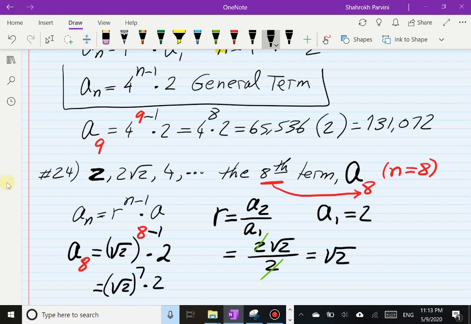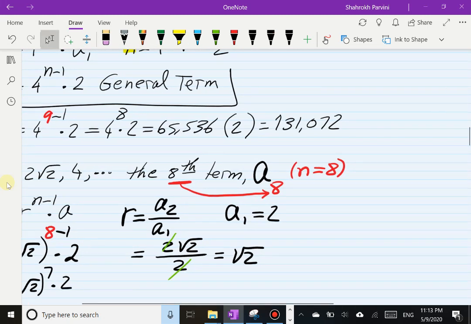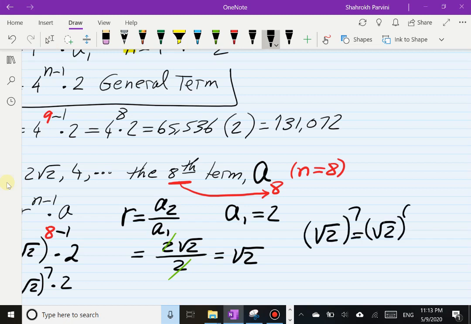Now let me do root 2 to 7th power over here. Root 2 to 7th power, that's equal to root 2 to the 6th power times root 2, right? That means there are 7 factors of a square root of 2. It means the square root of 2 times the square root of 2 times the square root of 2, and so on, 7 times.